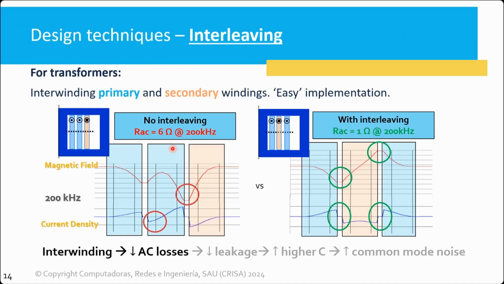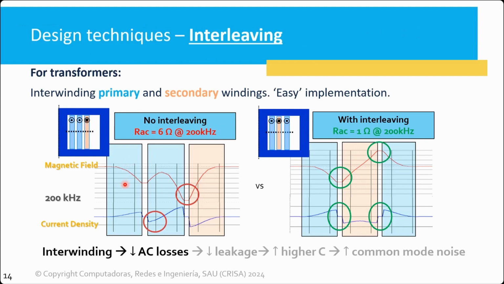So how can we minimize this proximity effect? For example, for transformers, what we can do is interleave the primary and the secondary windings. In these pictures, we have the primary windings depicted in blue and the secondary in red. The primary carries current flowing towards me, out of the screen, and in the secondary winding the current is flowing into the screen, right?